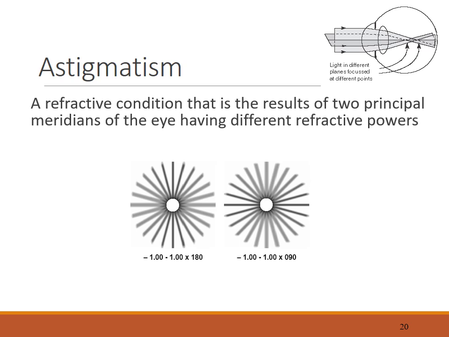When the axis is at 180, that means the blur principal meridian will be at 180 and the clear principal meridian will be at 90 degrees. And it contradicts when the axis is at 90 degrees, where the blur principal meridian will be at 90 degrees and the clear principal meridian at 180 degrees.